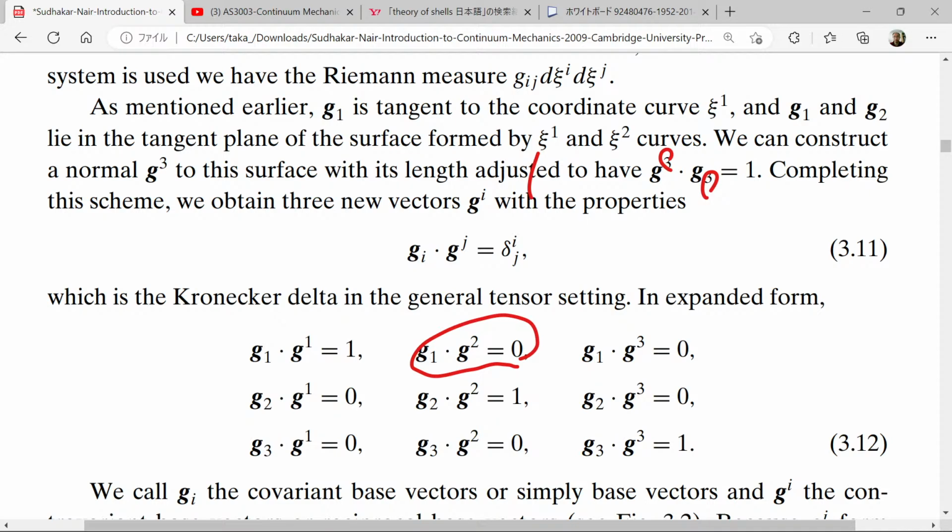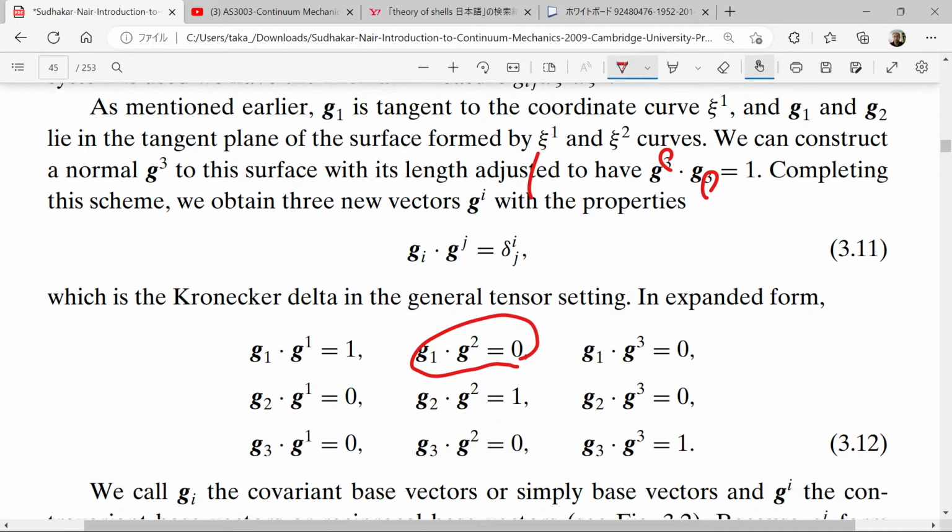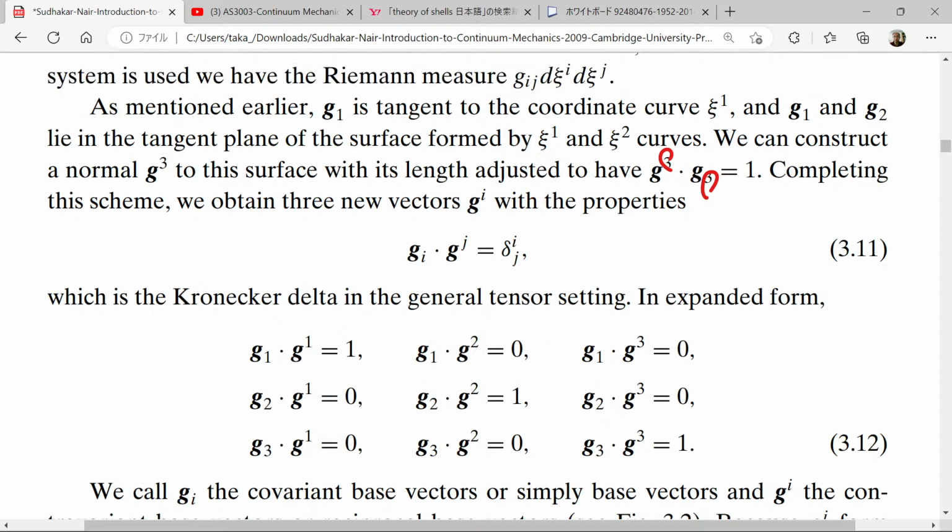Maybe we have to define G up in such a way. Yeah, okay. So this is the definition for G up.